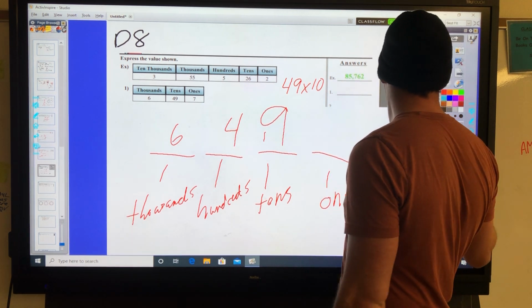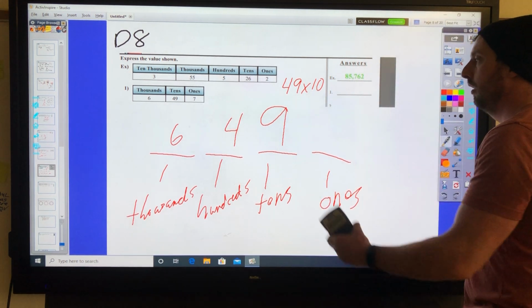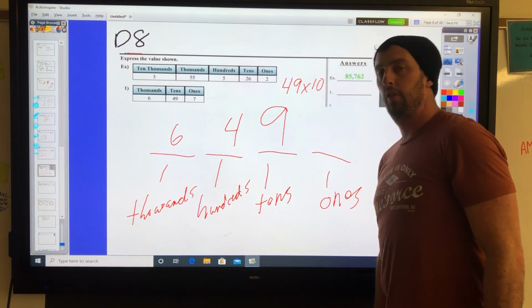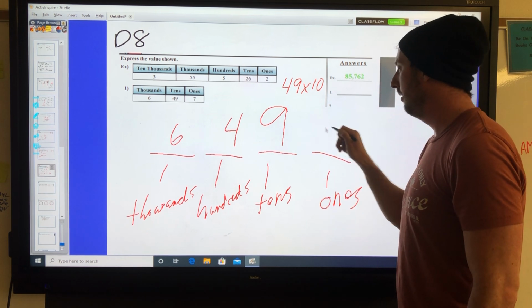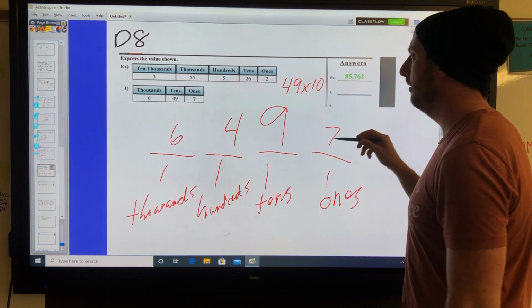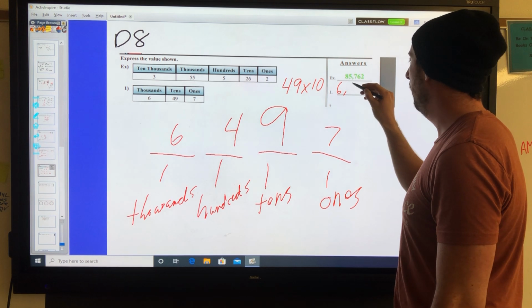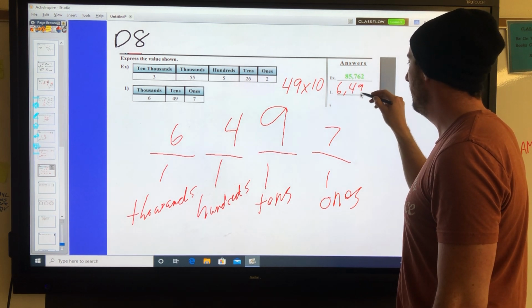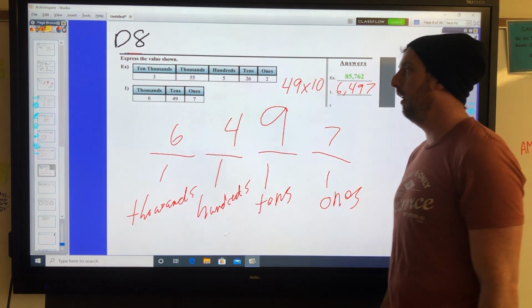But we're forgetting about one thing. We have 7 ones. So instead of 490, I have to also include the 7 in the ones column. So my answer for number one is 6,497. Good there? All right, moving on.